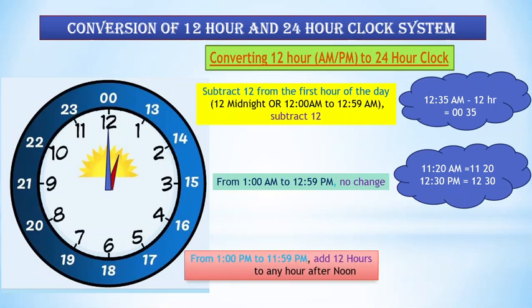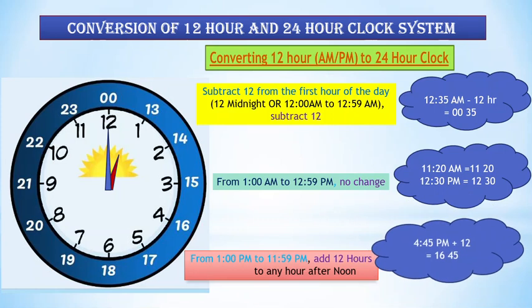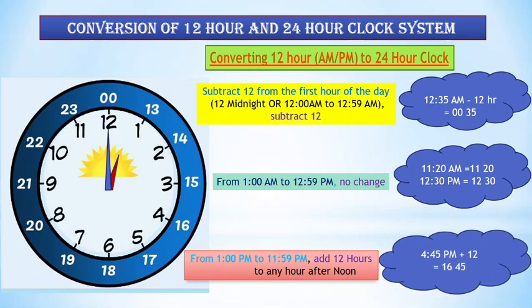Another rule actually. If we want to change time from 1 p.m. to 11:59 p.m., we add 12 to any hour after noon. After noon time means after 12 o'clock, means after midday.